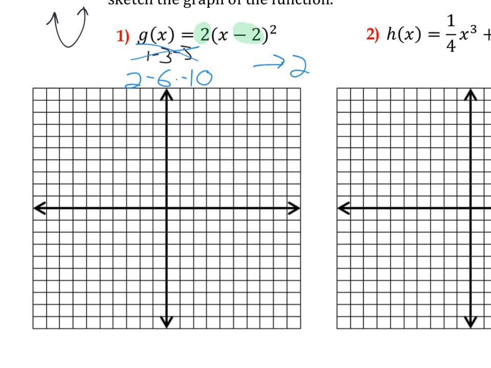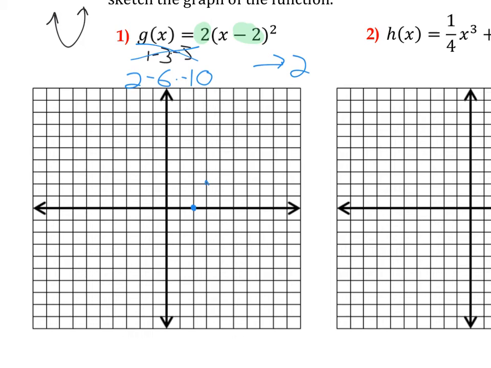Normally we'd start off at 0, 0, but we got shifted to the right 2 units, so my vertex is going to go right here. And then there's no flips to keep track of, so now I'm just going to follow this 2, 6, 10 pattern. What I mean by that is I'm going to go up 2 over 1, up 6 over 1, and then if I had more graph, I could go up 10 over 1.